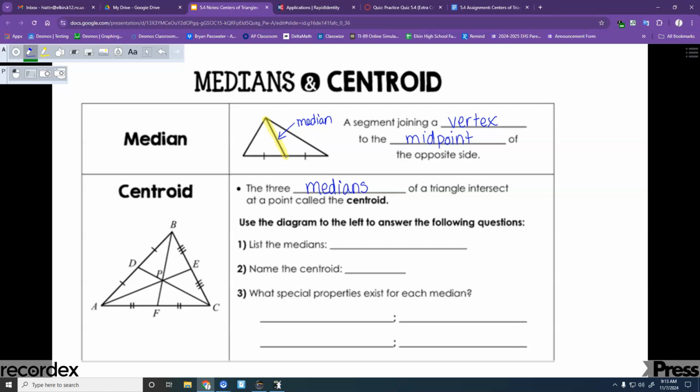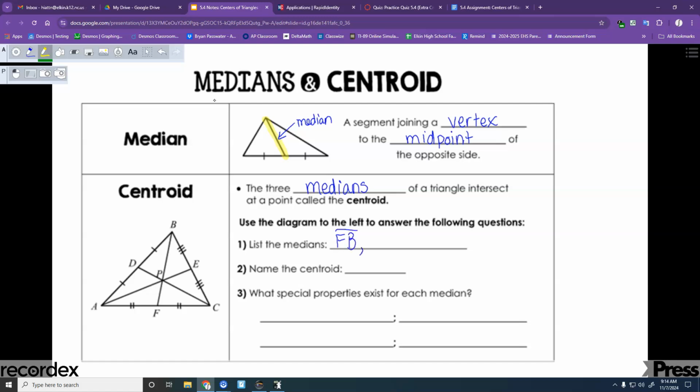So if we look at this picture, we have to list the medians. Remember, medians go from a vertex to the midpoint of the opposite side. Who can tell me one of the medians on this picture? FB, yes?